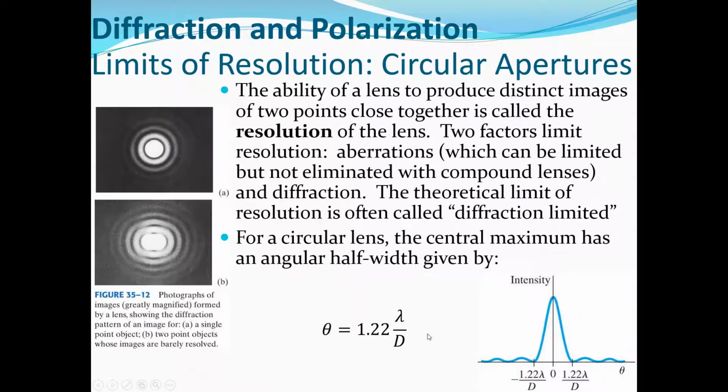So in order for us to resolve two objects, two sources of light, basically we need to make sure that the location of the brightest spot is not overlapping with the other one.